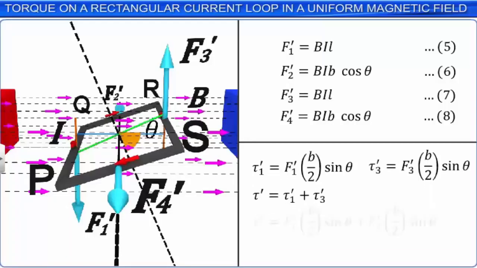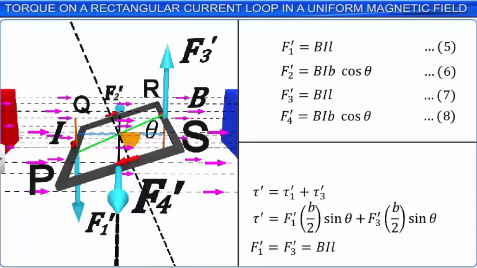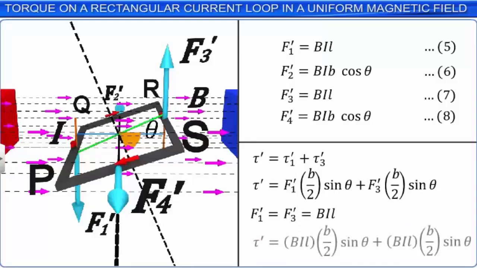This is equal to F1' B by 2 into sin theta plus F3' B by 2 into sin theta. But F1' is equal to F3', and both are equal to BIL. Then, T' is equal to BIL B by 2 into sin theta plus BIL B by 2 into sin theta.